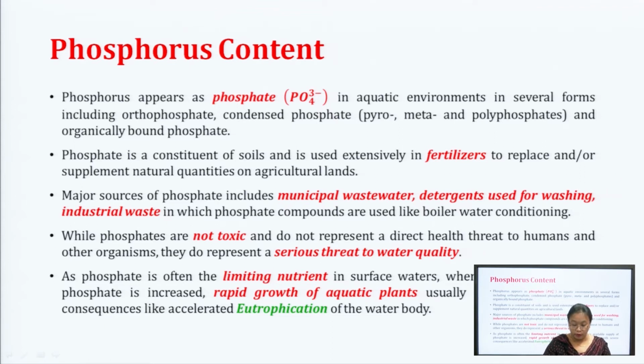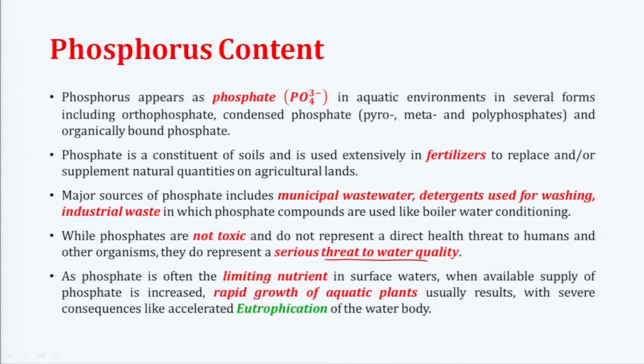Major sources of phosphate include municipal waste, detergent used for washing, and industrial waste in which phosphate compounds are used, like boiler water conditioning. While phosphate is not toxic and does not represent a direct health threat to humans and other organisms, it does represent a serious threat to water quality. The water quality is going to decrease.